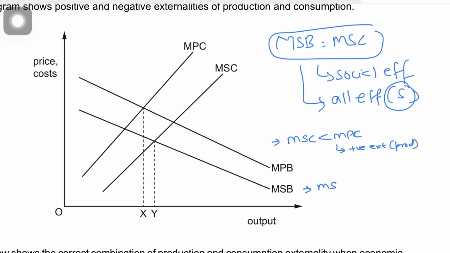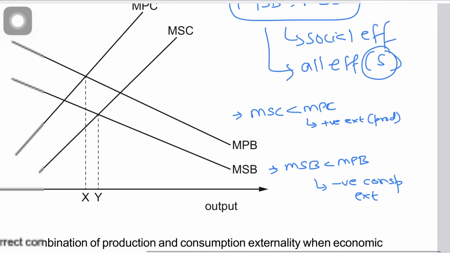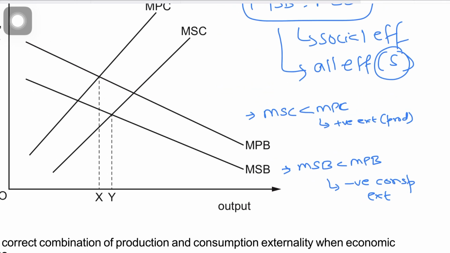While the MSB is less than MPB, which means that there is a negative consumption externality, which means that it costs the society more to consume than what it costs the individual. So individual consumption results in negative externalities, which brings down the social benefit, right?